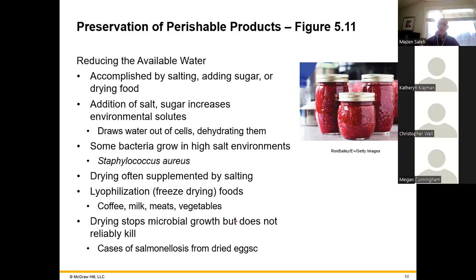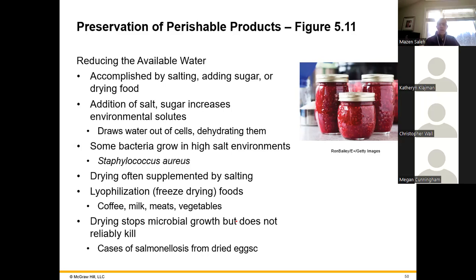But because of the high concentration of the sugar, let's take an extreme case, honey, right? Honey is a concentrated form of sugar, but it's not easily contaminated with microbes, because even though lots of sugar is there for the microbe, there isn't much water, right?